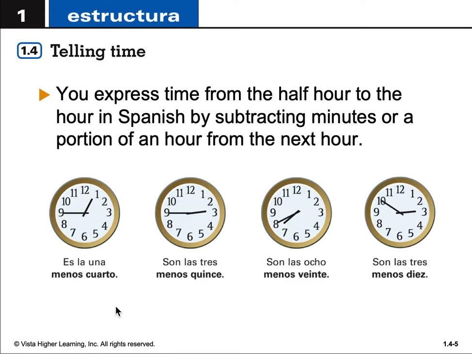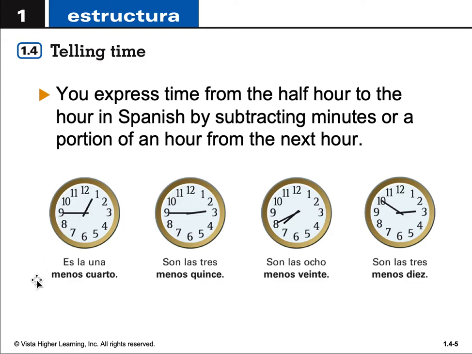So 1:45, we would express that as it's 2 o'clock minus 15 minutes, or another way of saying it's 15 minutes until 2. So we won't say it's 1:45, even though if you're a native speaker or if you know native speakers, you know that that's the way they talk on the street, very commonly like we do. But in the textbooks, the correct way to do this is to subtract the minutes from the next closest hour.